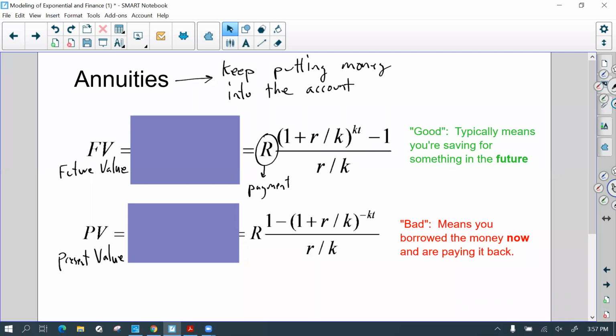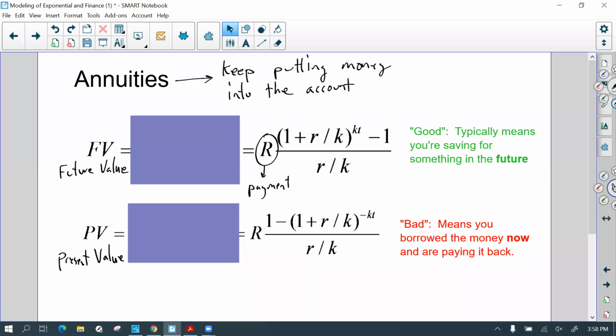So the future value, you keep on putting money in to save up for something that costs a lot. Like maybe your parents are saving for your college education. So when you were born, maybe they put in $50 a week or something. And then when you turn 18, you get this big chunk of money. That's an annuity. Or what's most definitely going to happen, a very, very likely chance of happening when you get your career, at some point you're going to retire.